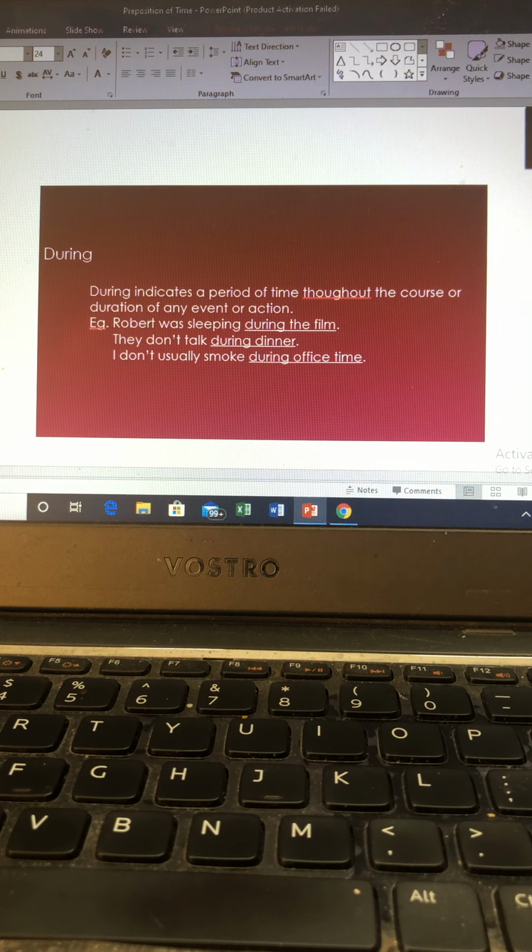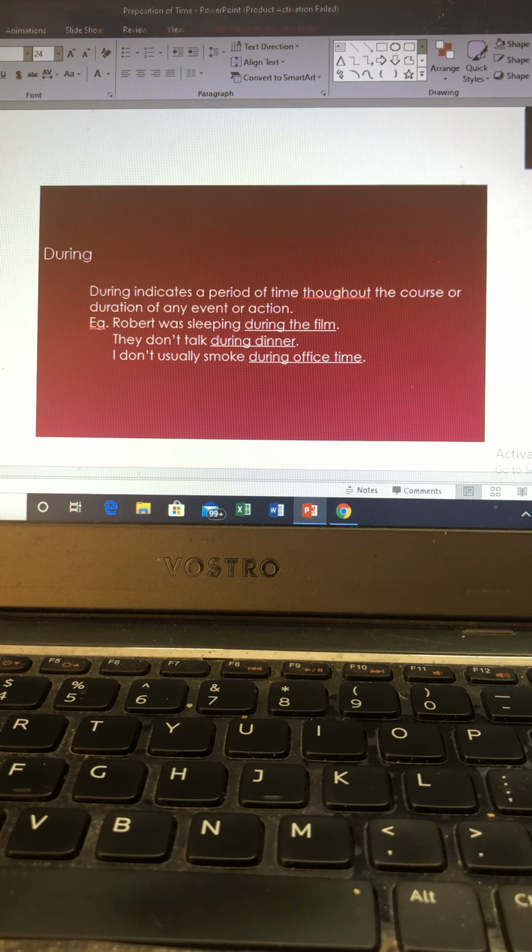And suppose the person went for a movie and then somebody asked him, how was the movie? And the person answered, oh, I was sleeping during the film. So I went there from such and such time, but throughout the movie I slept. The duration of that event was the movie, and that duration was spent sleeping. So this duration will be referred to as "during," right?